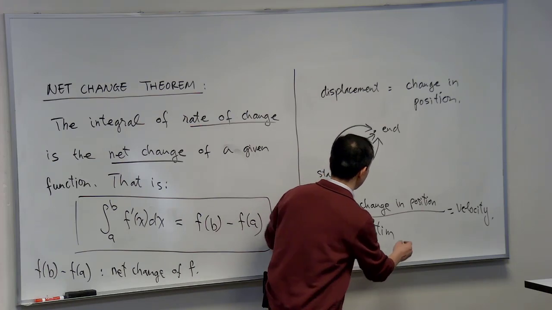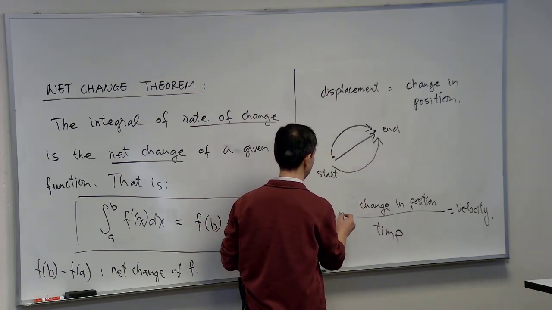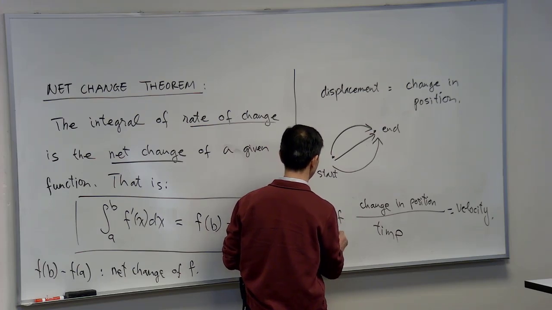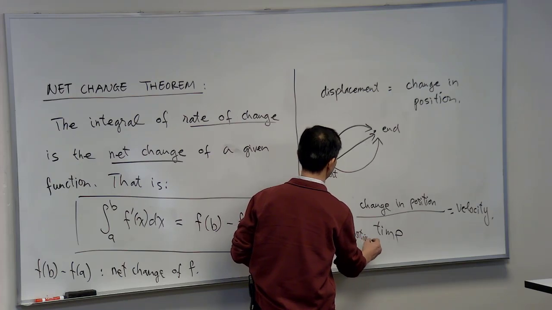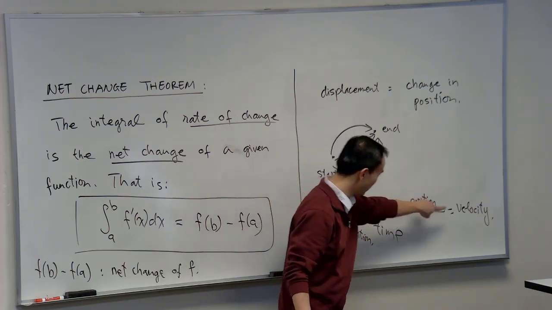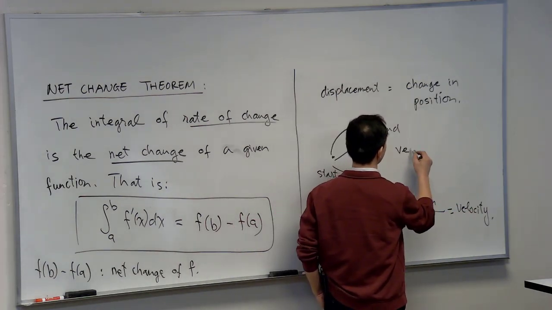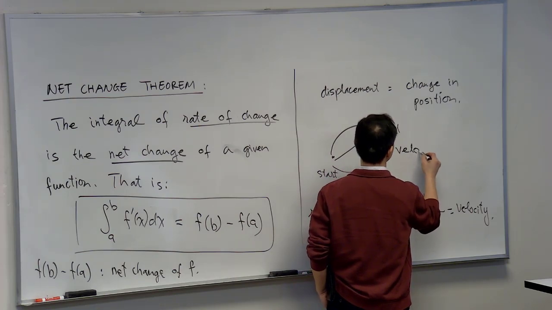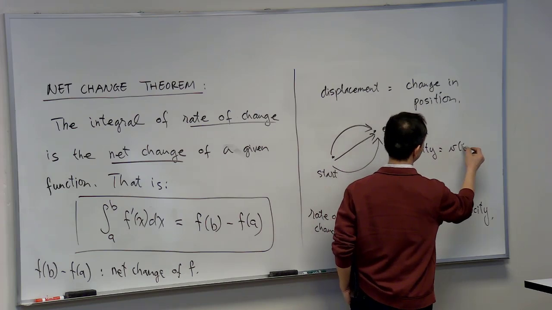Change in position over time. We call it a rate of change in position. Or another way of saying that, the displacement, we put that over time, we call it velocity. So velocity here a lot of times is indicated as a function v of t.